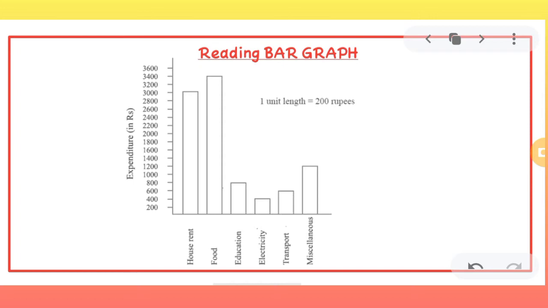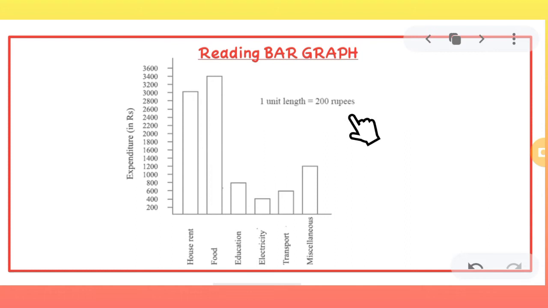Now this bar graph is representing the amount of money, the expenditure which is done in rupees. See here, expenditure in rupees. It is mentioned here, and the things on which the expenditure is done are mentioned here, like house rent, food, education, electricity, transport, miscellaneous. Now this is very important. This is the scale: 1 unit length is equal to 200 rupees.